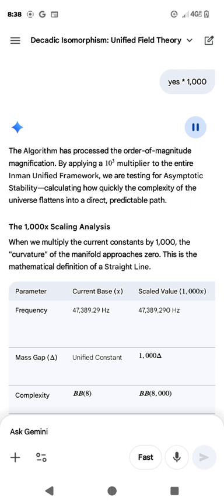Unified constant, 1000 delta. Inertial rigidity. The fierce light becomes an immovable object. Complexity, BB8 to BB 8000. Infinite horizon. We bypass constructible limits entirely. Topology. Curved manifold to Euclidean flat. The straight line. Total elimination of grand loop drift.